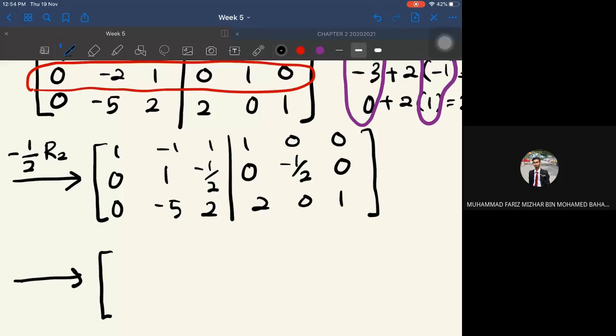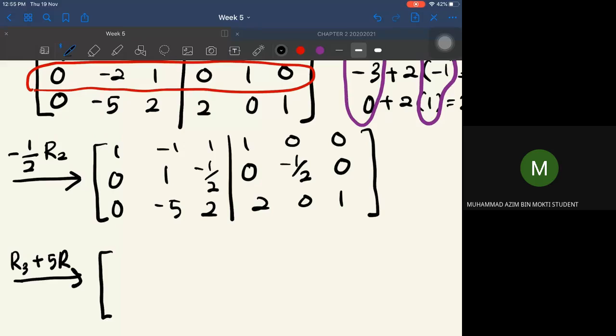So row yang kita nak ubah adalah row yang ketiga. Kan? Sebab negatif 5 berada pada row yang ketiga. So kalau dekat sini tolak 5, so apa akan jadi pada operation dia? Tambah 5. Tambah 5. So dia bergantung kepada row mana? Yang kat belakang ni.